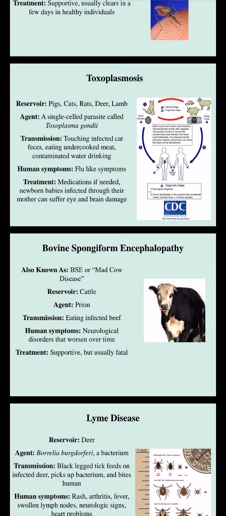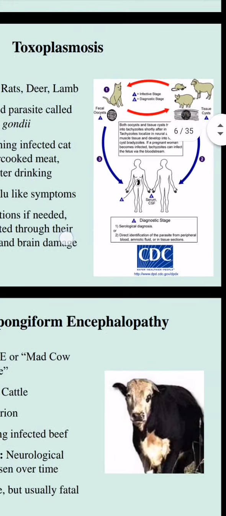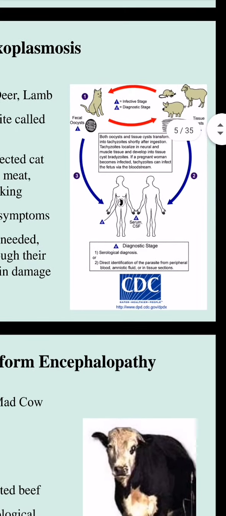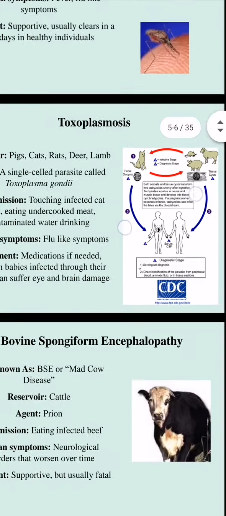Transmission: touching infected cat feces, eating undercooked meat, and drinking contaminated water. Symptoms are flu-like symptoms and treatment is medication if needed. Newborn babies infected through their mother can suffer eye and brain damage. So it could be really damaging for newborn babies, according to the Centers for Disease Control.